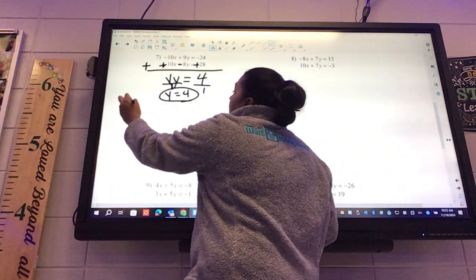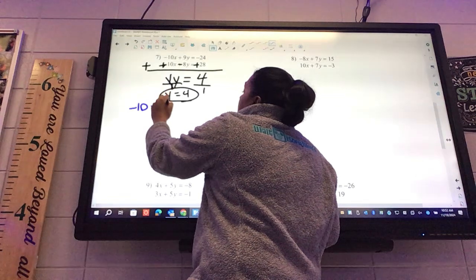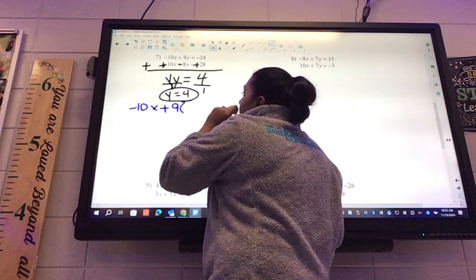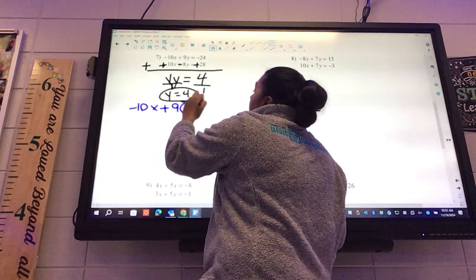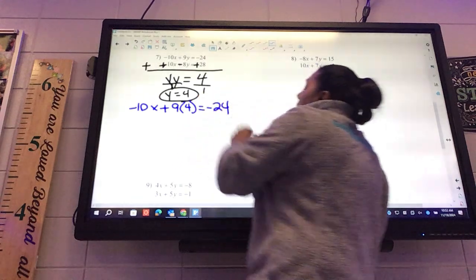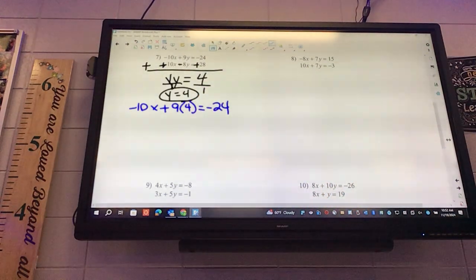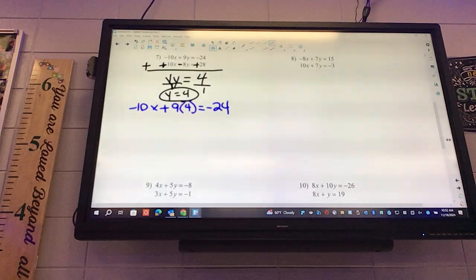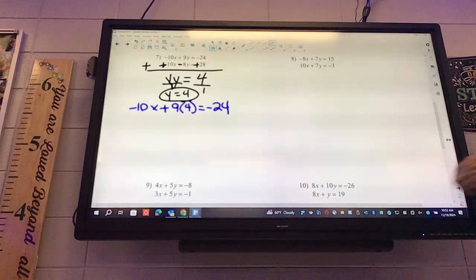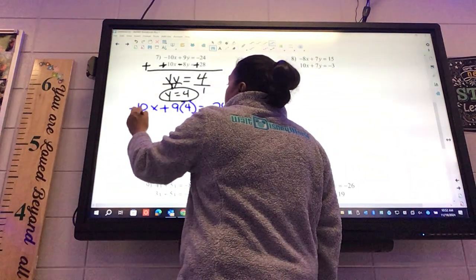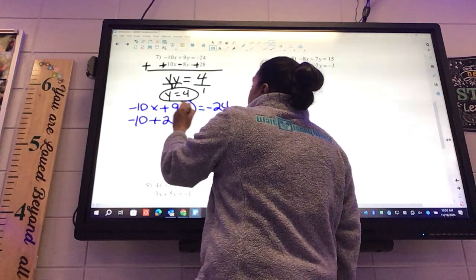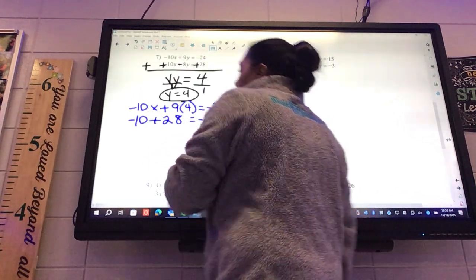So it would look like negative 10x plus 9, and instead of y, what am I putting? The 4. Negative 10x plus 9 times 4 equals negative 24. So you're going to get negative 10x plus 28 equals negative 24.